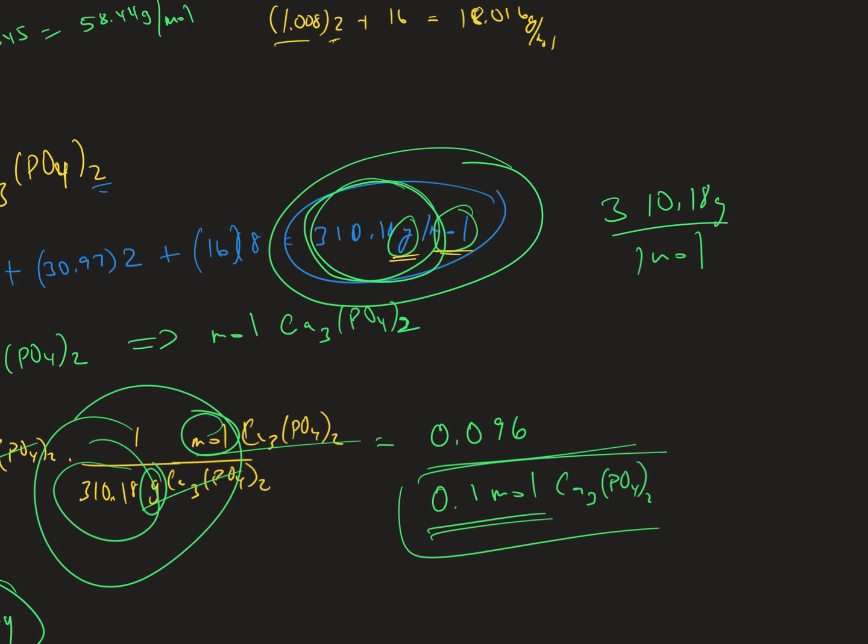Do you want to do another example? How are you feeling? Yeah, Carla. Is calcium phosphate an ionic compound? That's a great question. What do you guys think? Is calcium phosphate ionic or covalent? It's ionic, because calcium is a metal and phosphate is an anion.